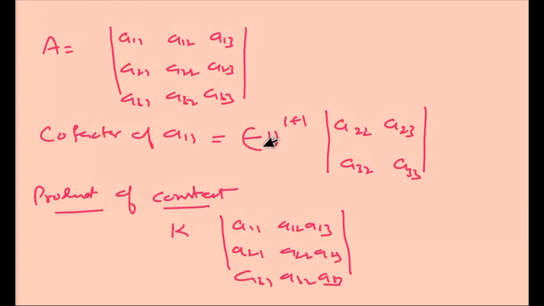So if this is minus, and you want to multiply it here, you can multiply it in any row or any column. Okay.